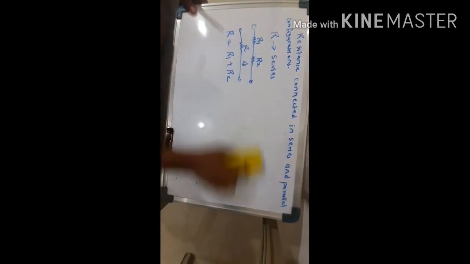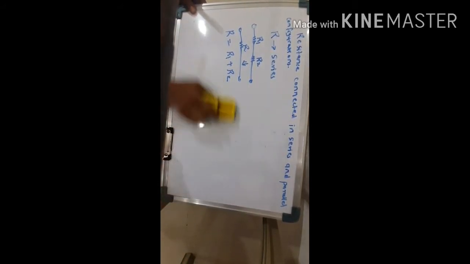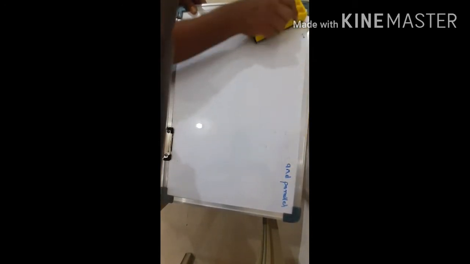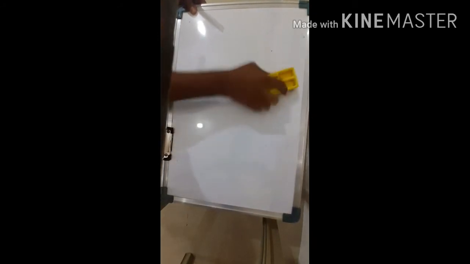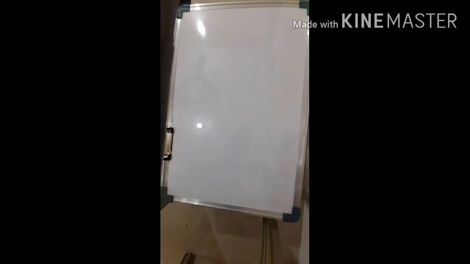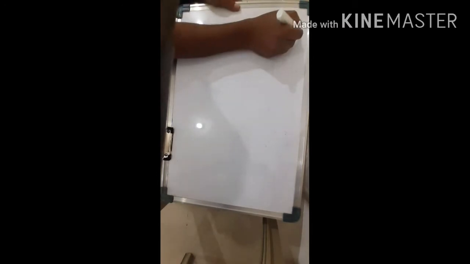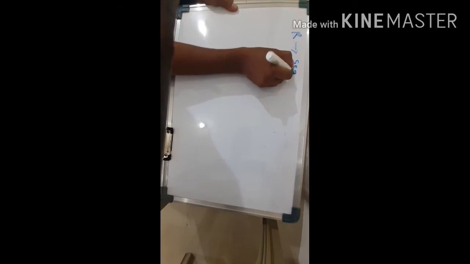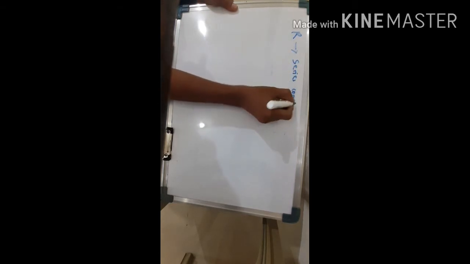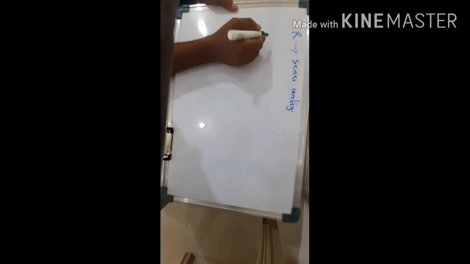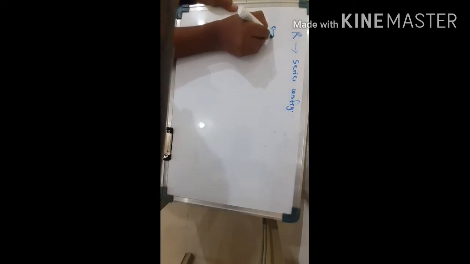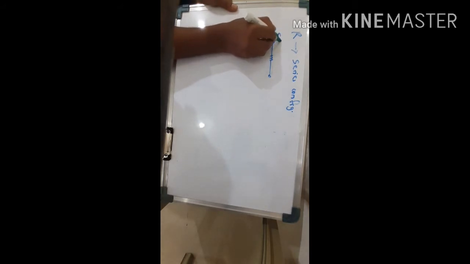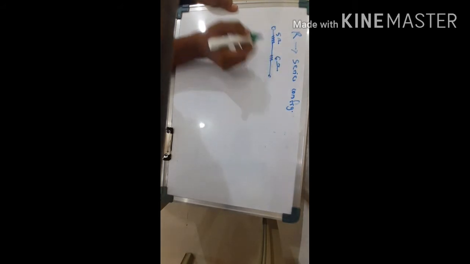Afterwards we will see some problems related to resistances connected in series, then resistances connected in parallel, and after this we will see both series and parallel configurations together. Here two resistances are connected in series, that is 5 ohm and 6 ohm.